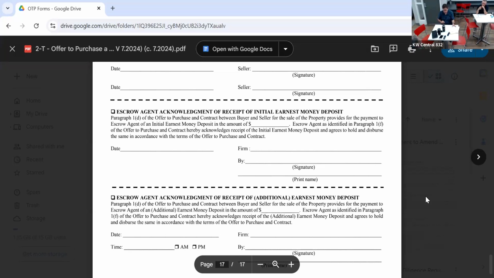So the preload for the buyer side, when we go into Command. When you go into Command, you've got your room, and you click on add a form. Then it asks you where you want to add it from, you say DocuSign. Then it's going to pull up some things at the top that say KW buyer templates.